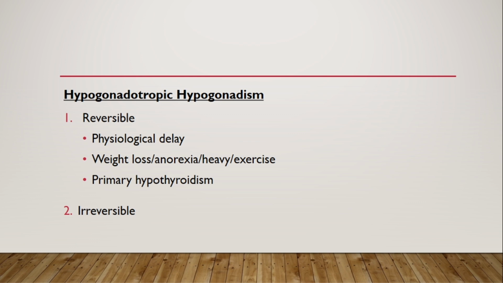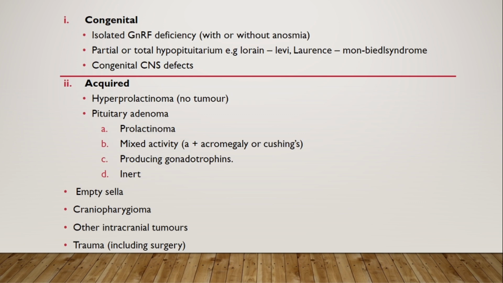The irreversible hypogonadotropic hypogonadism could be congenital and it could be acquired.